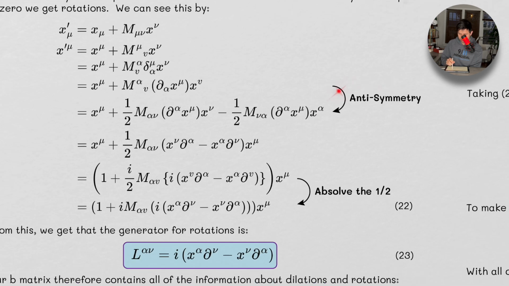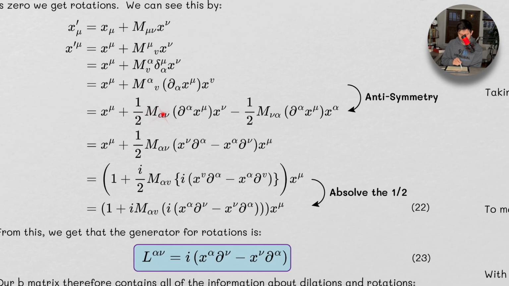And so from here to here, then, we're using this anti-symmetry property of this M matrix, right? Where we have this 1/2 of this minus 1/2 of this. And then from here to here, we're taking this guy out of the equation, and we get this here, right?